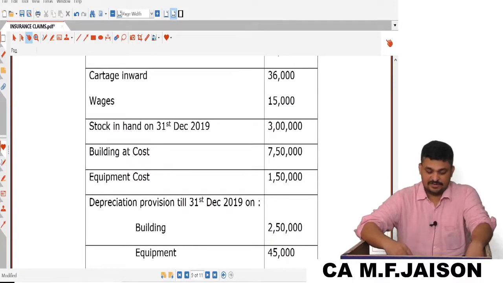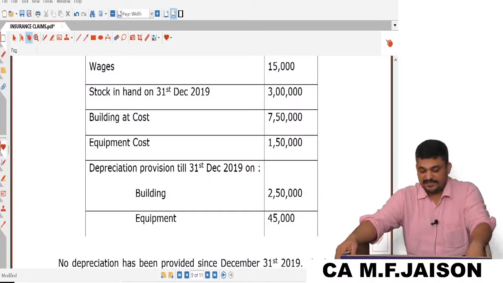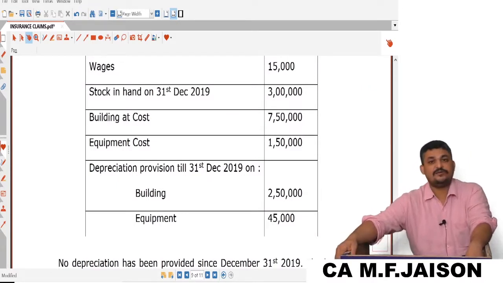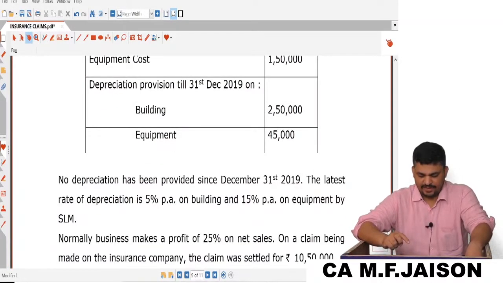Building at cost and equipment at cost, depreciation provision till 31st December 2019: building 2,50,000, equipment 45,000. No depreciation has been provided since 31st December 2019.